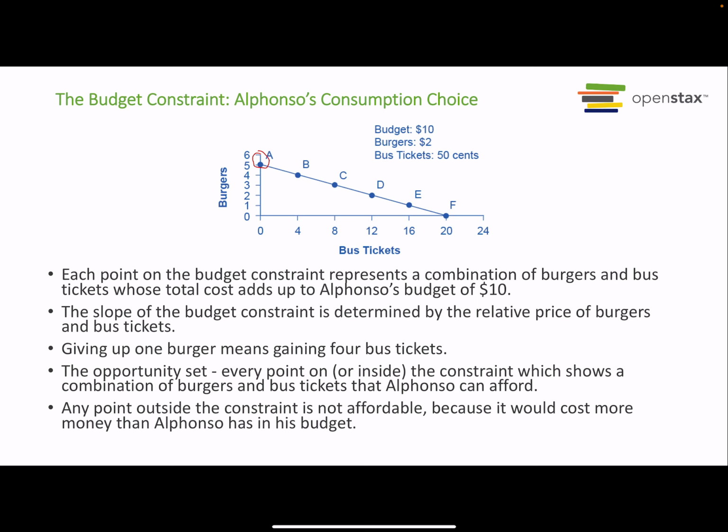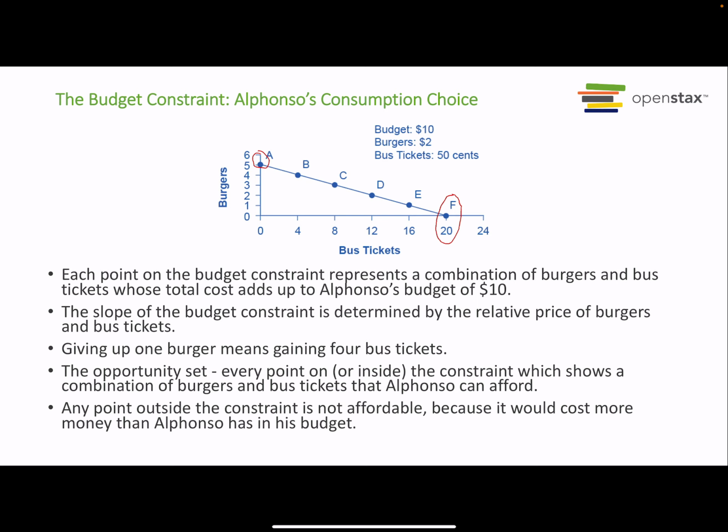However, if he were to spend all of his $10 on bus tickets at point F, he could purchase 20 tickets for bus rides. All of these combinations in between A all the way down to F show the combinations of burgers and bus tickets that would be the total budget Alfonso has for the week of $10.